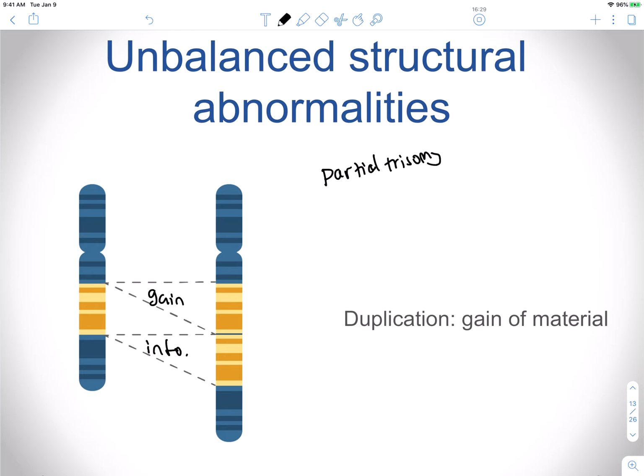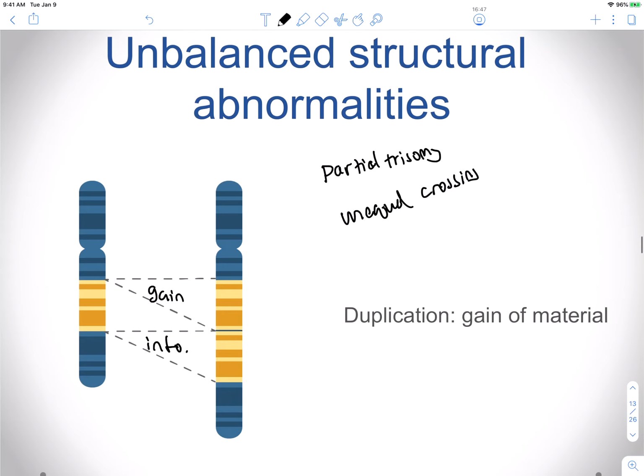Duplication can be caused by unequal crossing over during meiosis. And our X-linked color vision, as well as Charcot-Marie-Tooth disease, are both caused by unequal duplications.